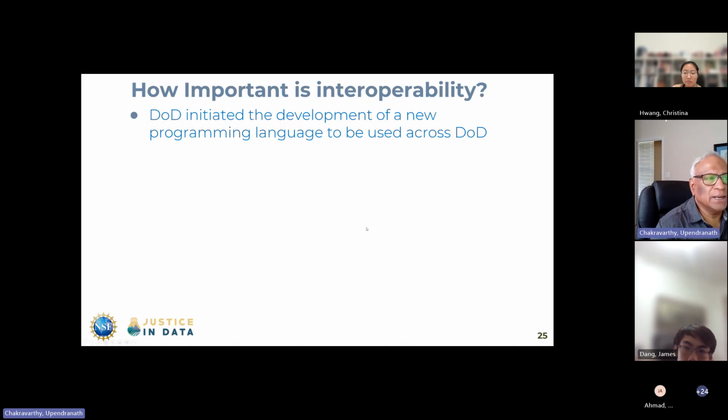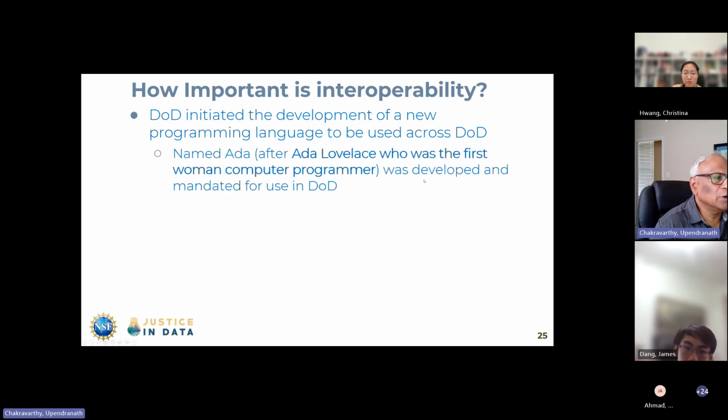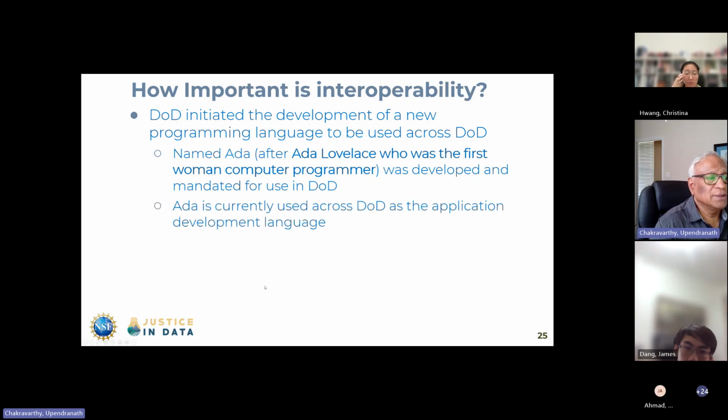So DoD initiated the development of a new programming language to be used across DoD. It was called Ada. Ada Lovelace was the first woman computer programmer, and it was developed and mandated for use in DoD. Ada is currently used across DoD as the only application development language.